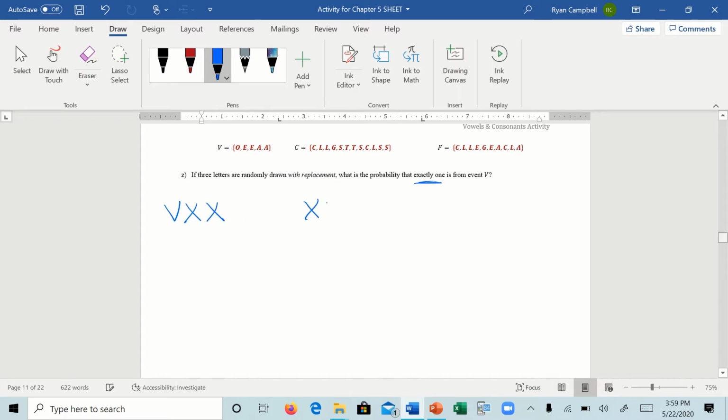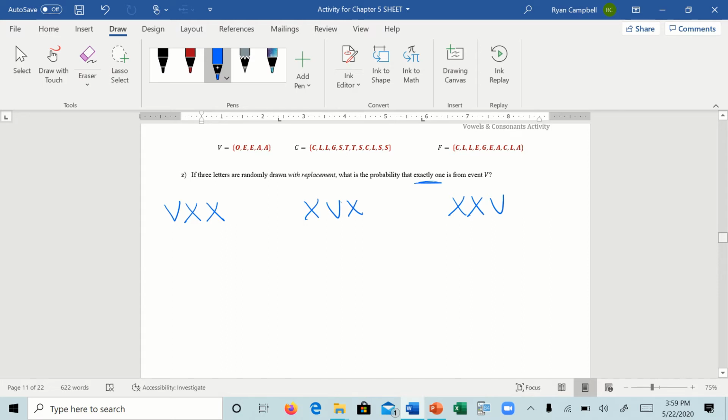The second one could be from V, the first and third aren't. Or the last one's from V, and the first 2 aren't. These are the 3 ways that we can have exactly one event from V. And notice we need all of these outcomes, right? V occurring first is different than if V occurred second or third. So we need to talk about all the cases.